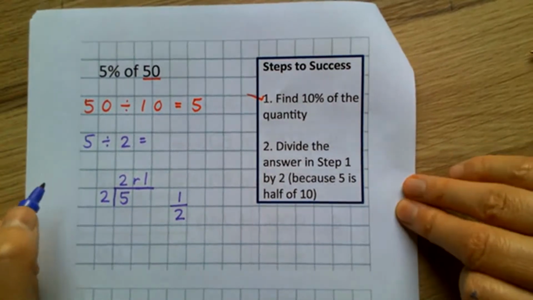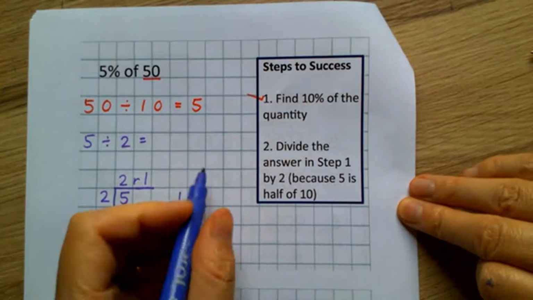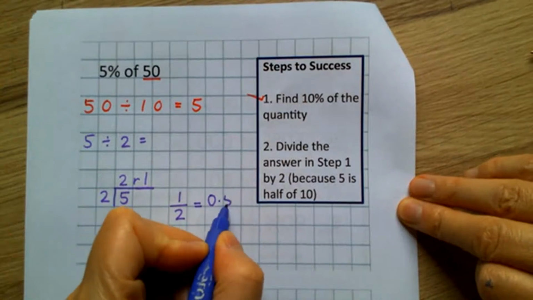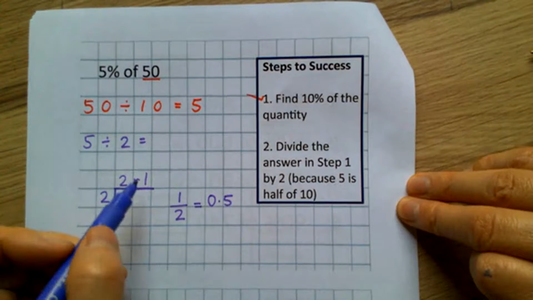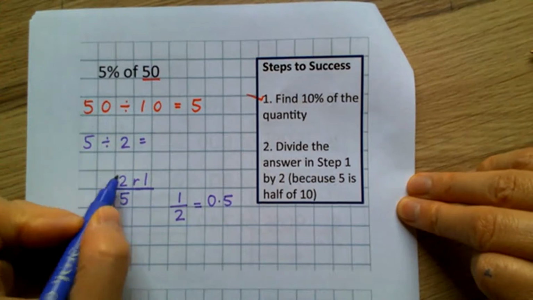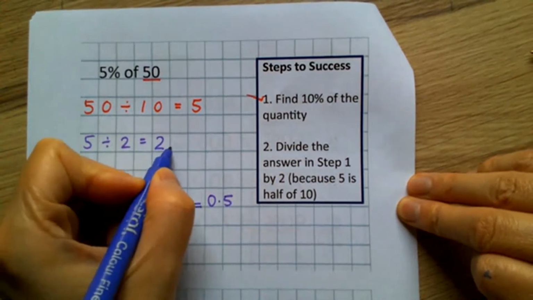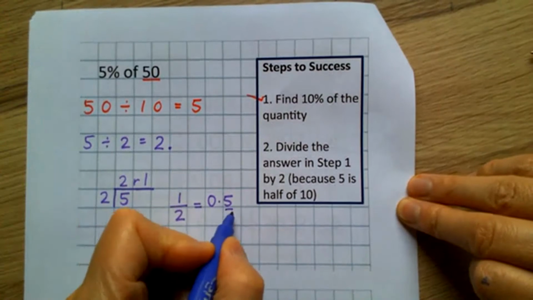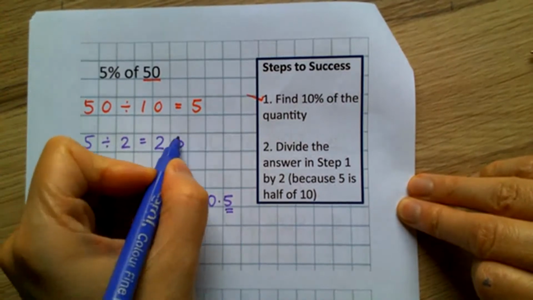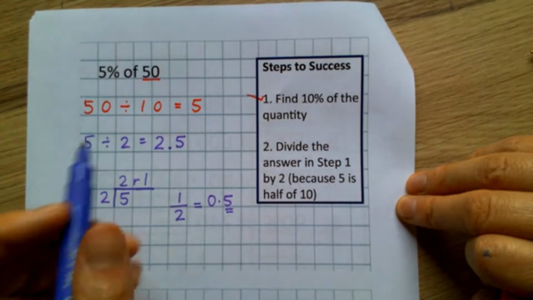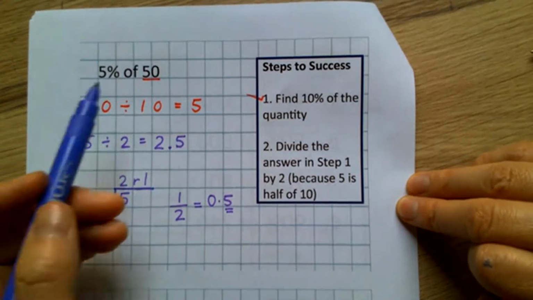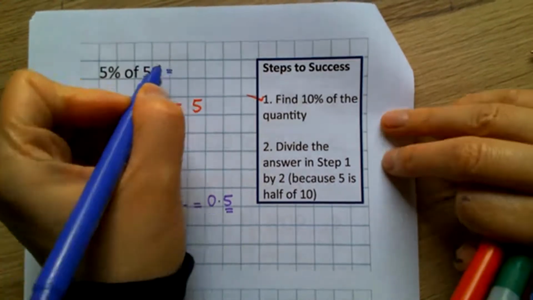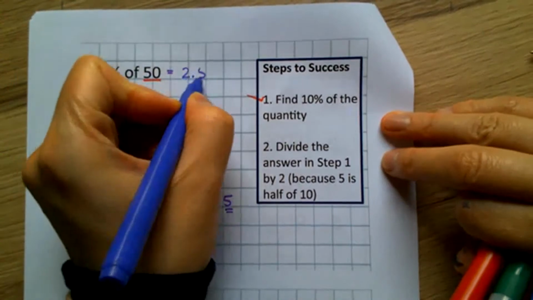How do I write that as a decimal? 0.5. Good, 0.5. So I know that I have from my answer 2 as a whole, and now I have half. So I'm going to write 5 in the tenths column. So my answer is 2.5. 5% of 50 is 2.5.